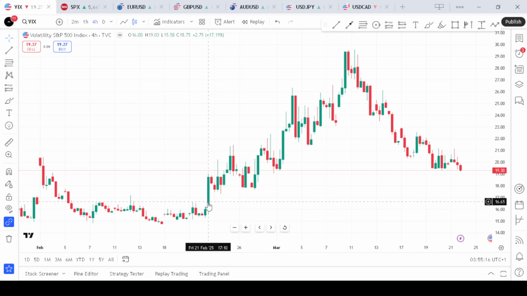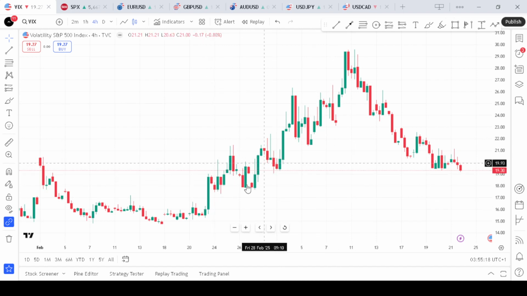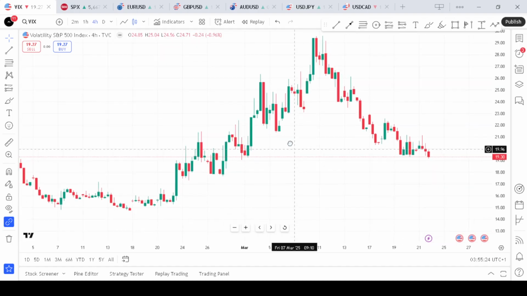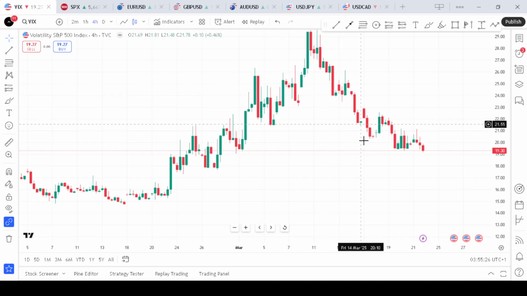Low VIX levels suggest complacency in the market, which could precede a period of increased volatility or a potential market pullback.